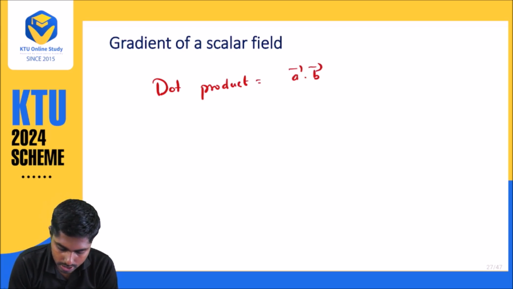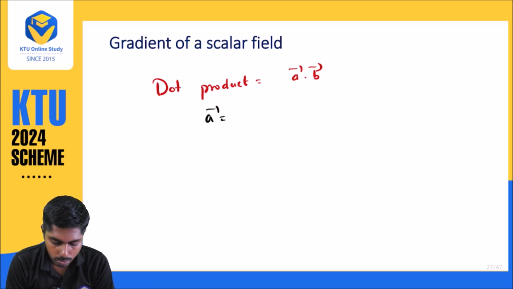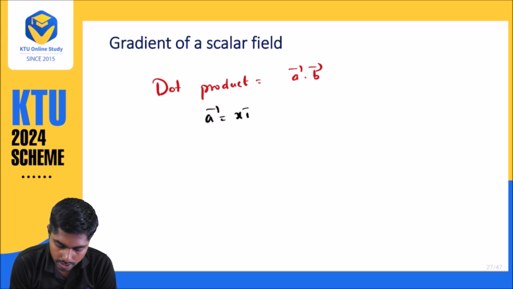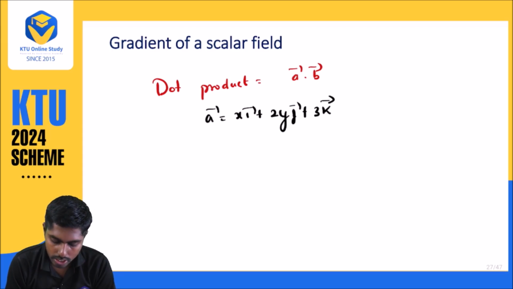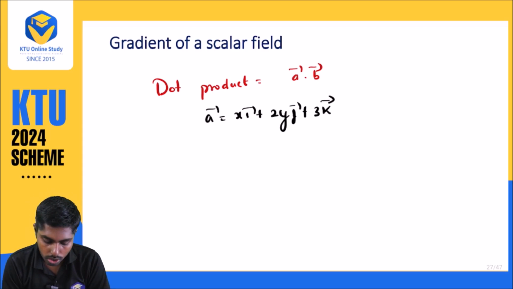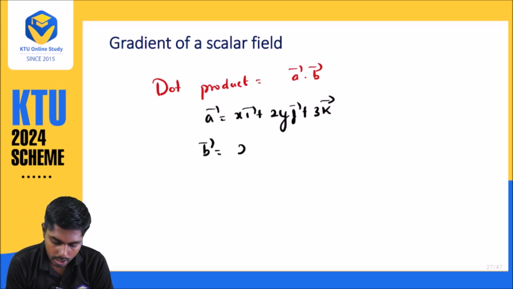For example, let a vector be x i vector plus 2y j vector plus 3 k vector, and b vector be 2 i vector plus 3y square j vector plus 2 k vector.